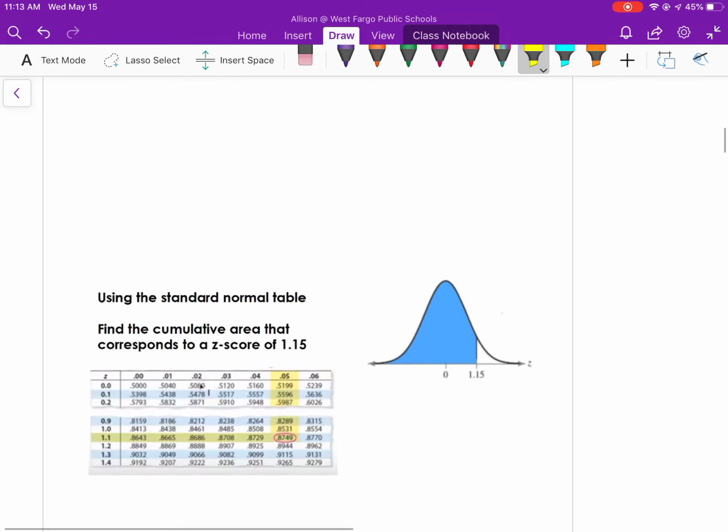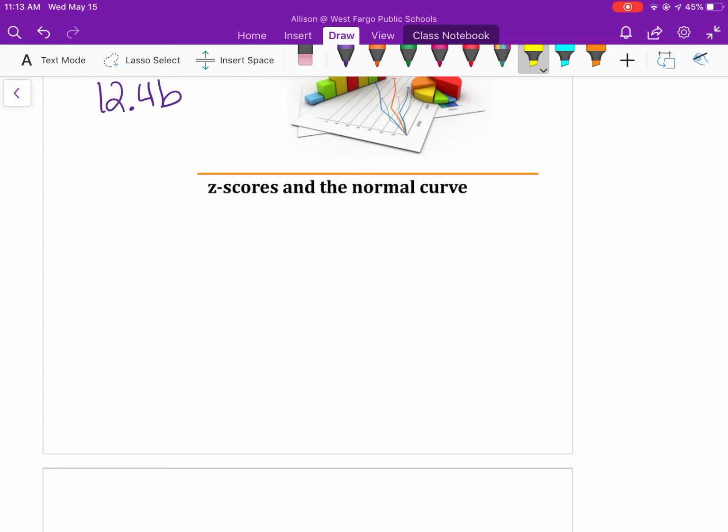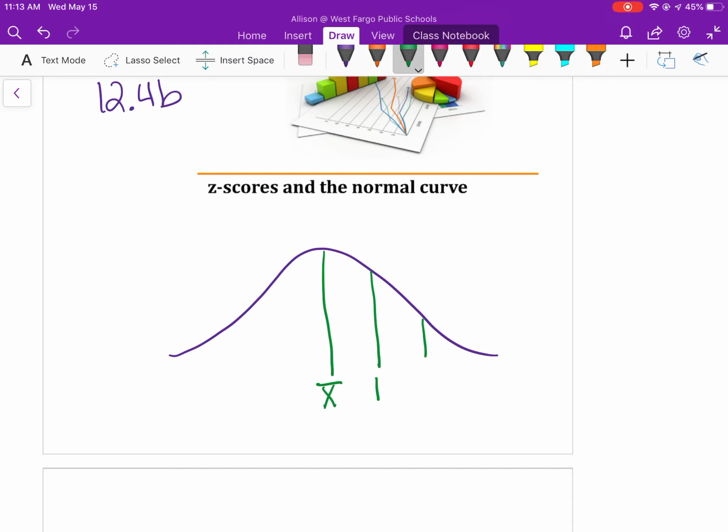So first, I'm just going to do a quick review of the z-score. The z-score tells us how far away something is from the average. So if we have a z-score of 1, we're 1 to the right of the average. Z equals 2, we're 2 to the right of the average on our normal curve. Z equals 3, we're 3 to the right. Z equals -1, we are 1 to the left.